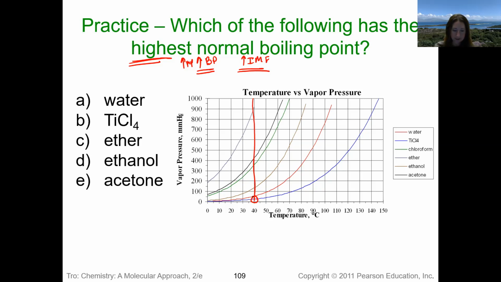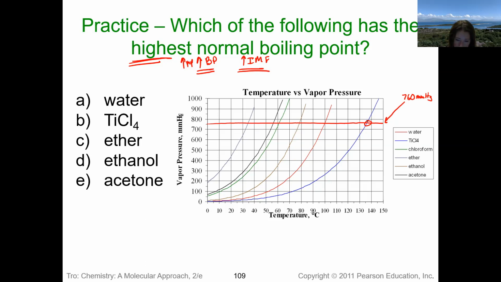There it is. It's going to be TiCl4. And you can actually look here. Here's 760. This is atmospheric pressure, at 760 mmHg. That's us here. And you can see its boiling point is going to be higher, right? When it hits that number, it's going to be higher.